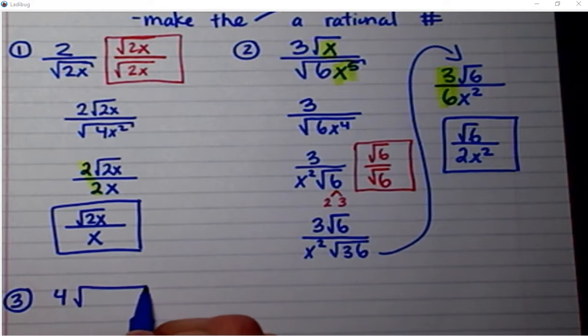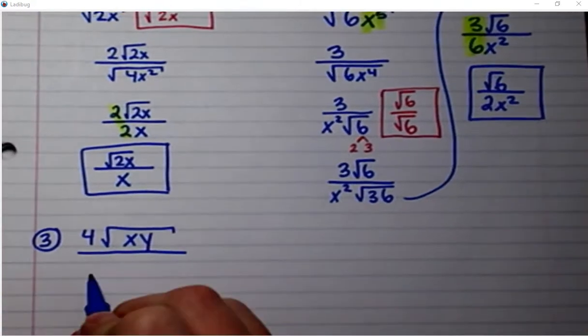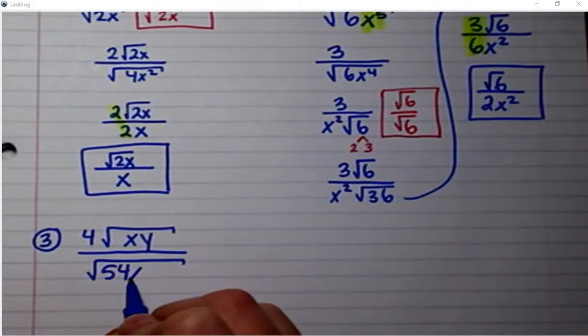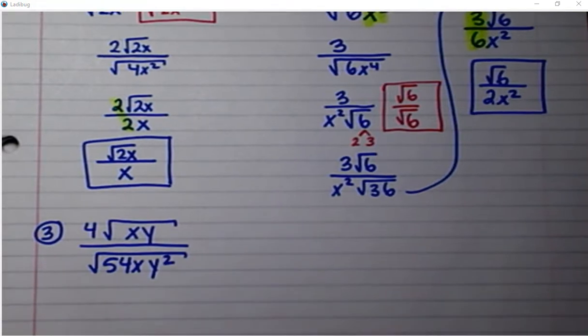4 root x y over 54 x y squared. Okay. Simplify if possible. Now, that could mean a lot of different things.